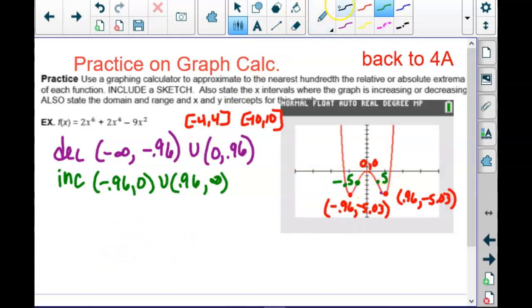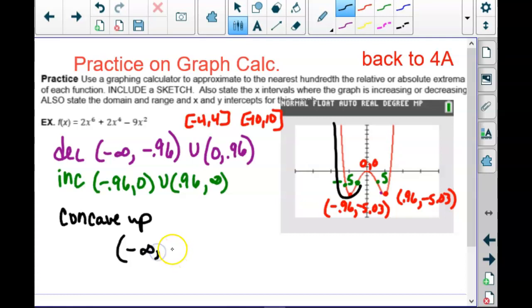All right. So can anybody tell me where it is concave? What is this first piece doing? All of that is up. So concave up, we would write from the left until negative 0.5. Is there another place that it's concave up? Yes, from 0.5 off to the right, that is also up like a cup.